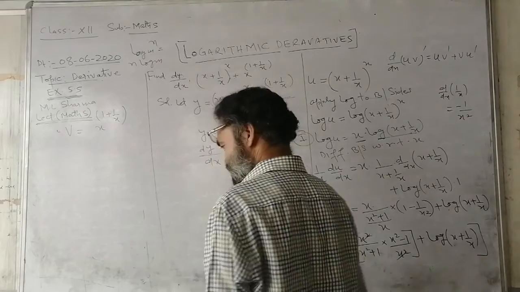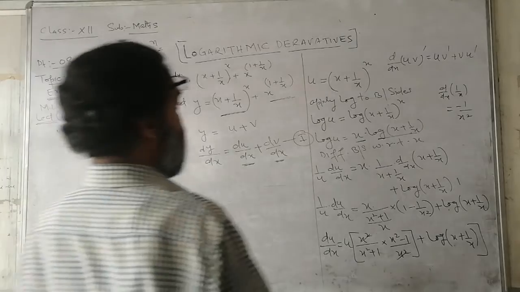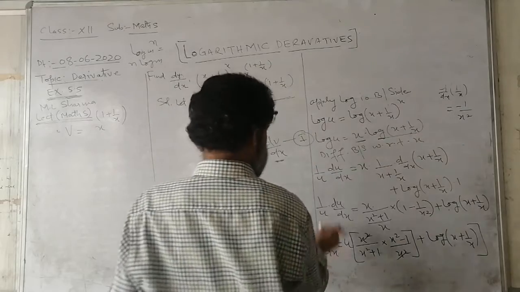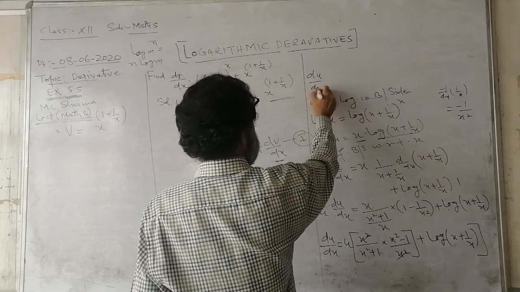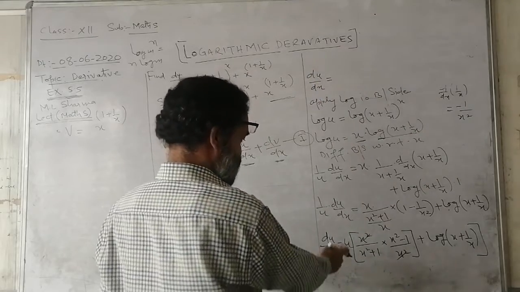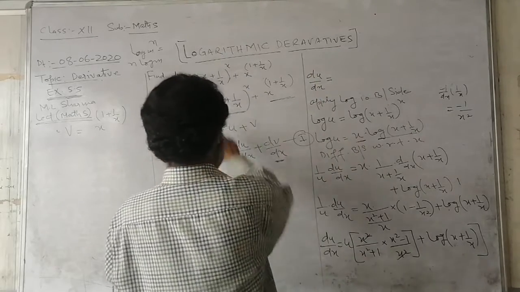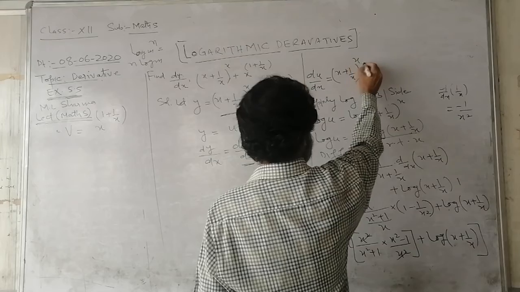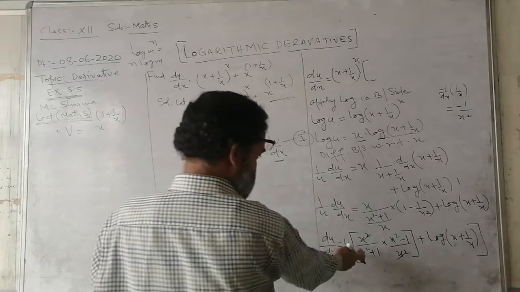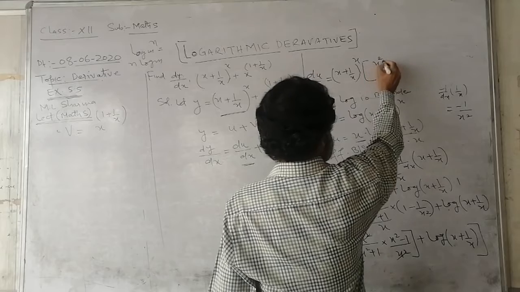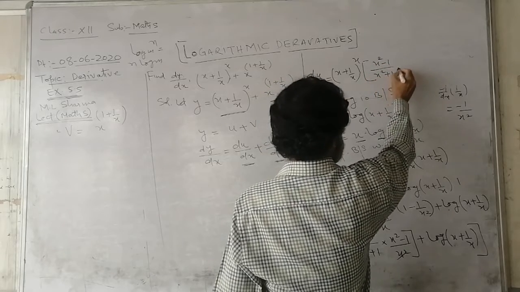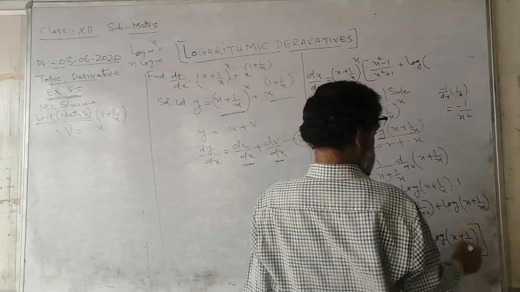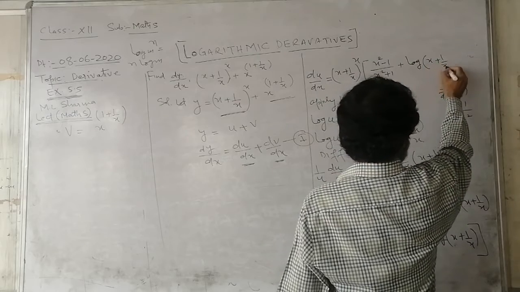So I am left with the final term: du upon dx will equal u times, the value of u, it is x plus 1 upon x raised to power x, into the term inside, x square minus 1 upon x square plus 1, plus log of x plus 1 upon x.